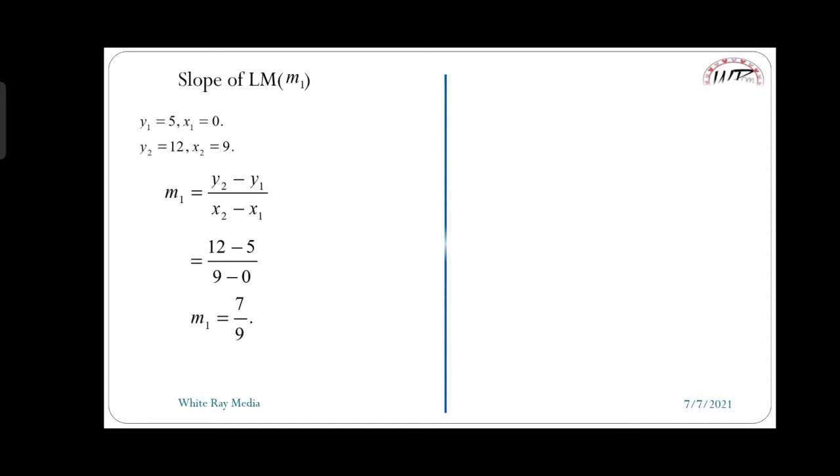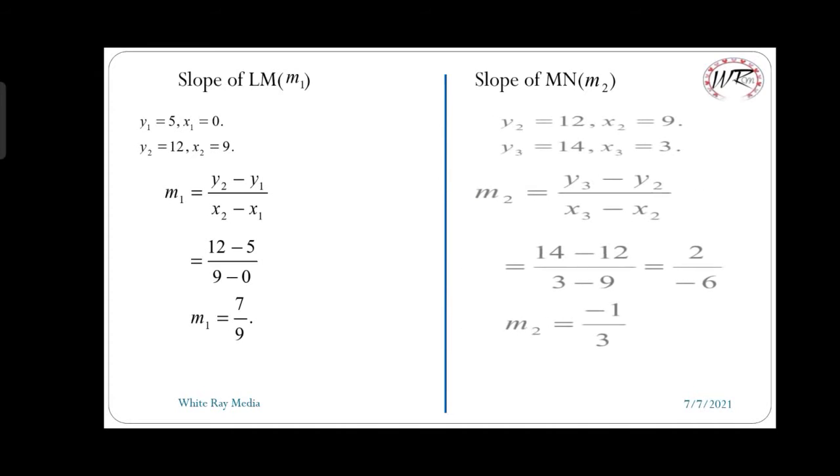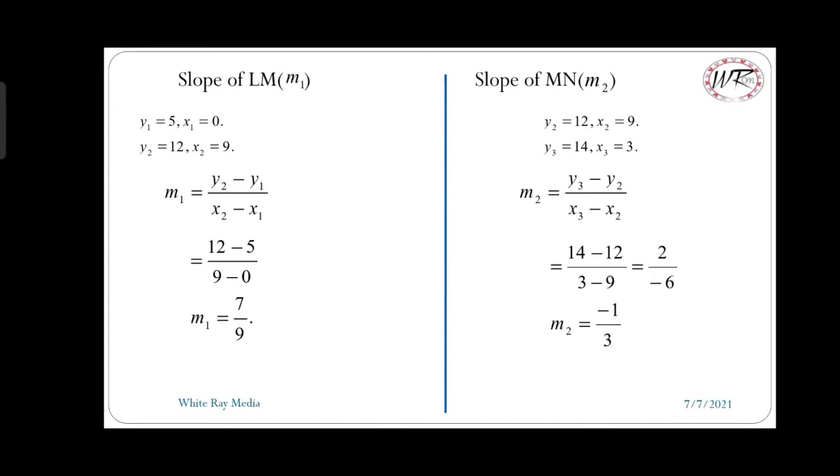Then we are going to find the slope of MN, that is taken as m2. We are applying the points in the formula m2 = (14 minus 12) divided by (3 minus 9), that is equal to 2 divided by minus 6. Therefore, m2 is equal to minus 1 divided by 3.